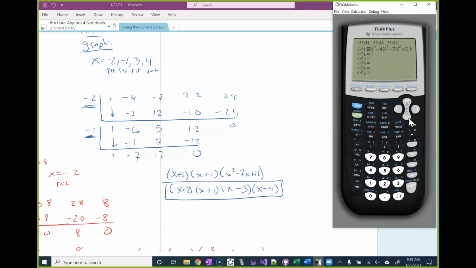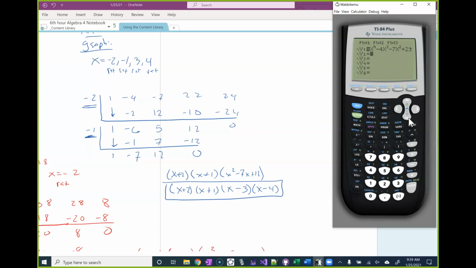Okay, so before I hit graph, eventually I want to look at the graph. But before I hit graph, I want to set my window so that I know I'm looking at the part of the graph that I really care about.